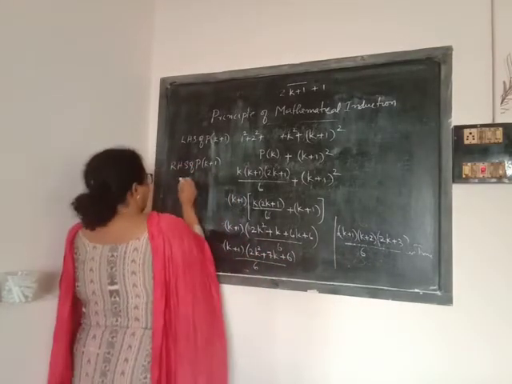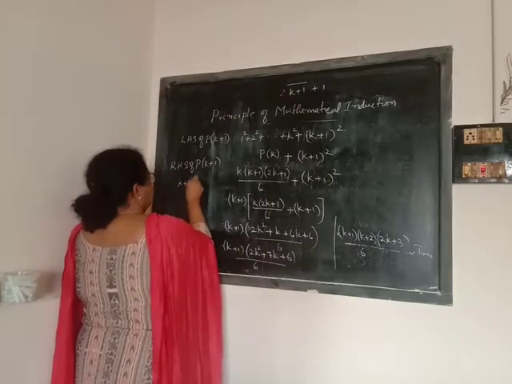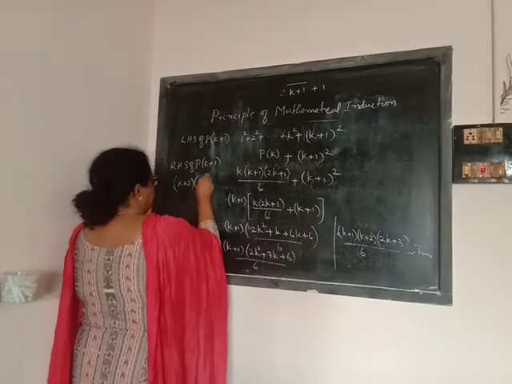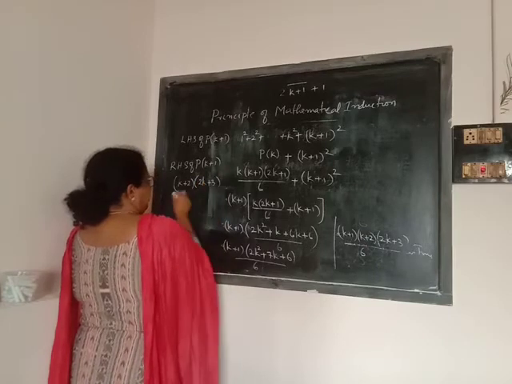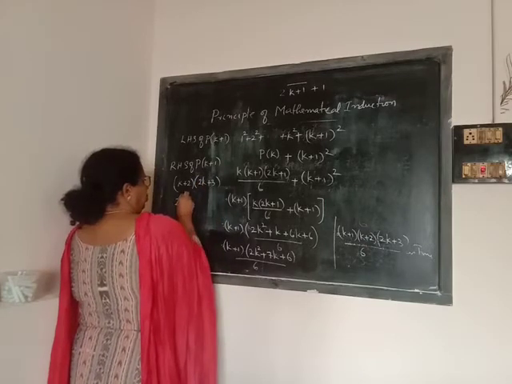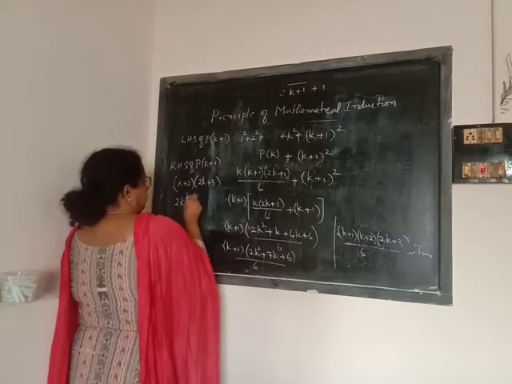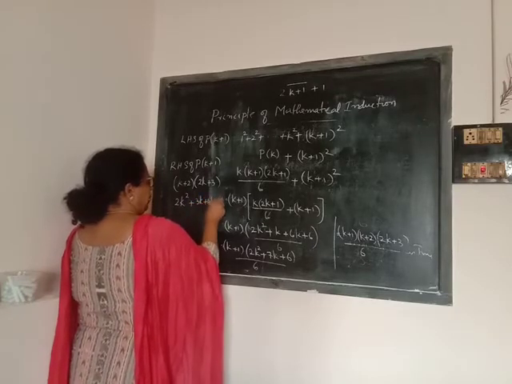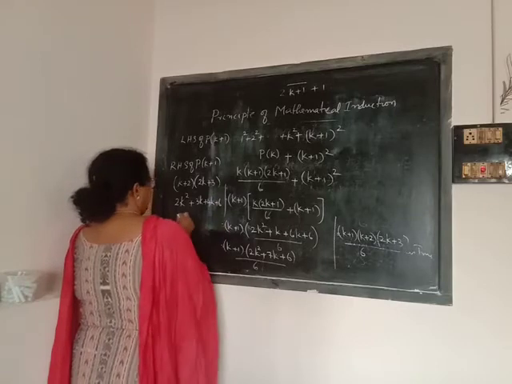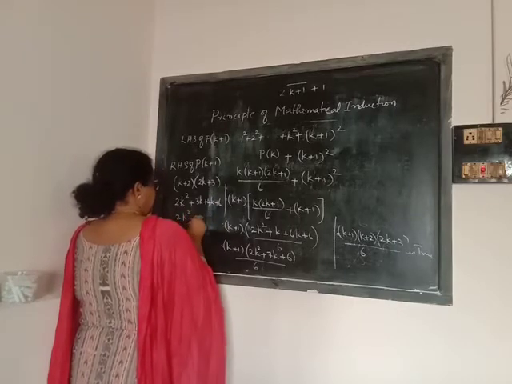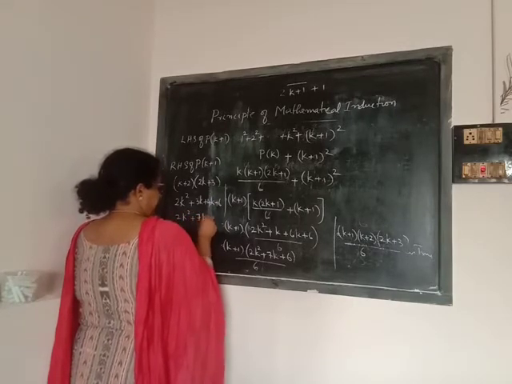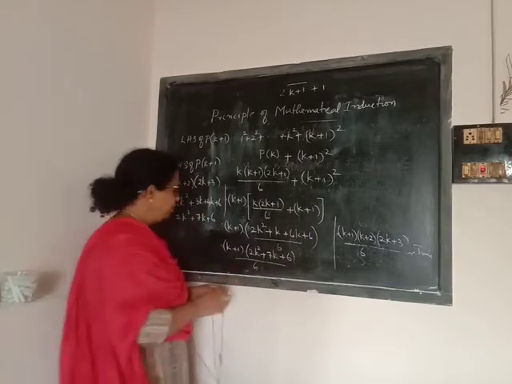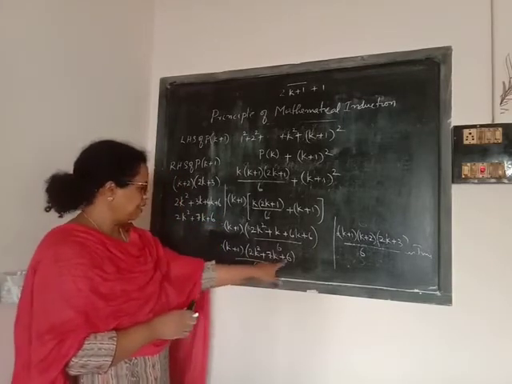So we will multiply k plus 2 into 2k plus 3. What is it? Multiply. So it is 2k squared plus 3k plus 4k plus 6. So when we simplify, it is 2k squared plus 7k plus 6. It is same. 2k squared plus 7k plus 6.